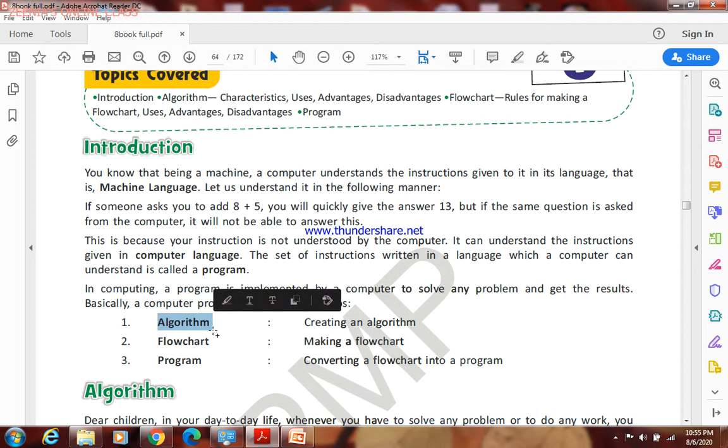First is algorithm. Now an algorithm is written in simple English language. Suppose I want to add these two numbers. My algorithm will be: I will put the values inside the computer, then I will press the plus sign, then I will press the equal to sign and get the answer.